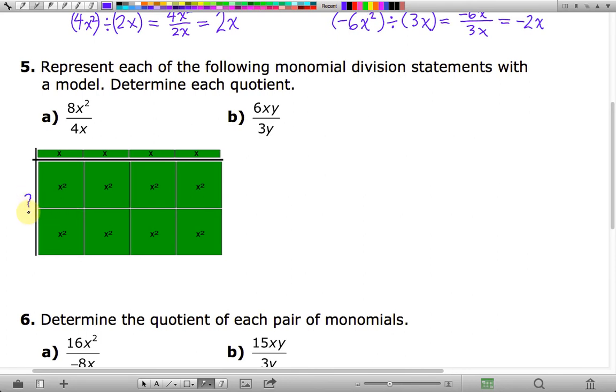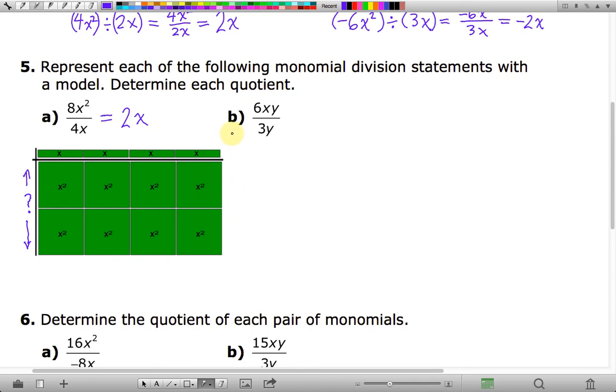We're looking for a width that when we multiply this particular width by the length 4x, we'll end up with 8x squared. And of course you can see that it's going to take 2x tiles to do that job. Plus we can also see that 8 divided by 4 is 2, and x squared divided by x is x.